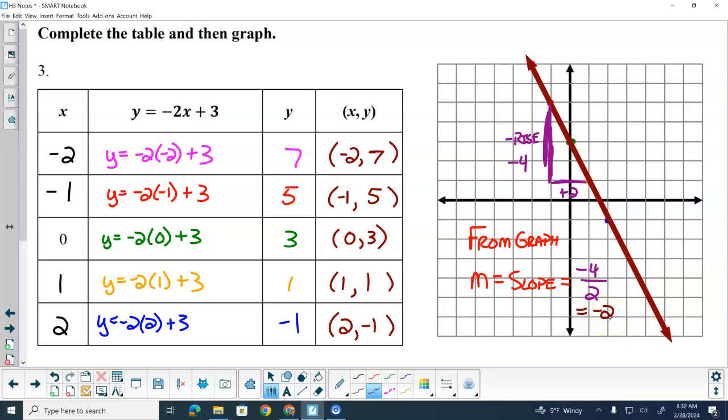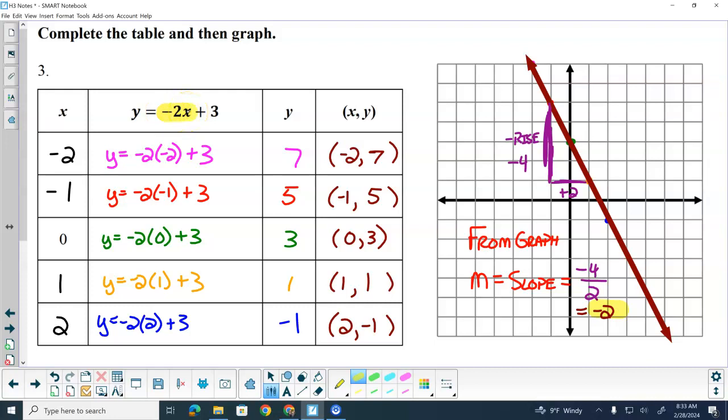Now, where else do you see in this problem a negative 2? Where else in this problem is there a negative 2? I would say here, right? There's a negative 2 right there. But that's not part of the problem, that's part of our work. Right here, the negative 2x.